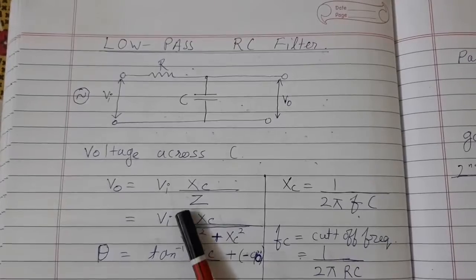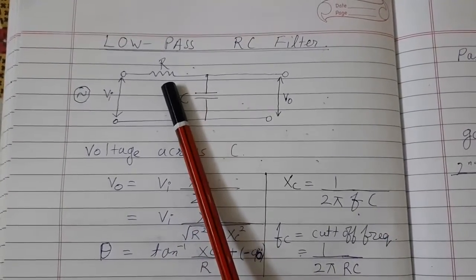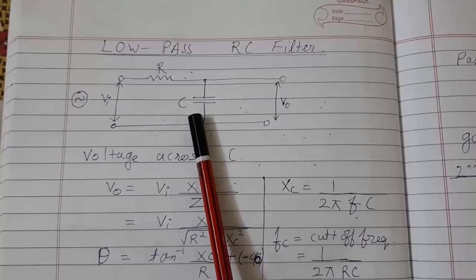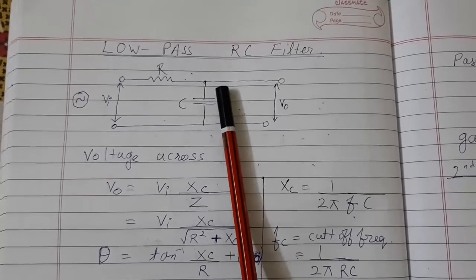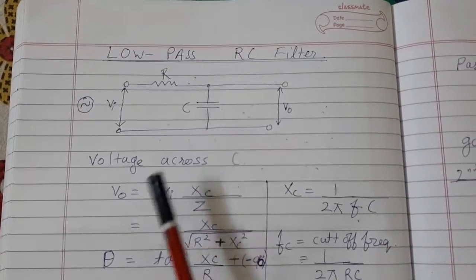The voltage gets divided between the resistor and the capacitor, and we want the output voltage across the capacitor.